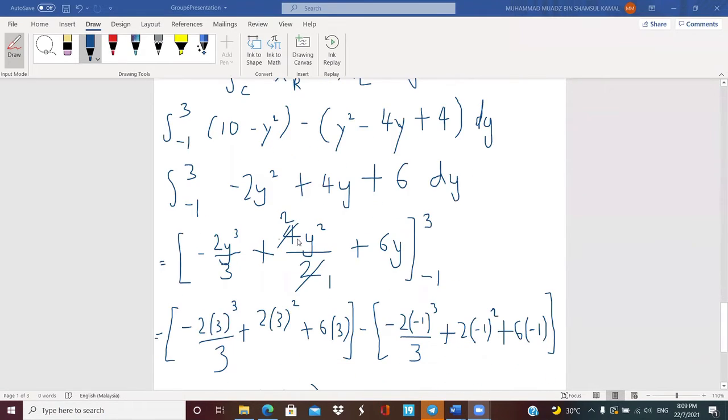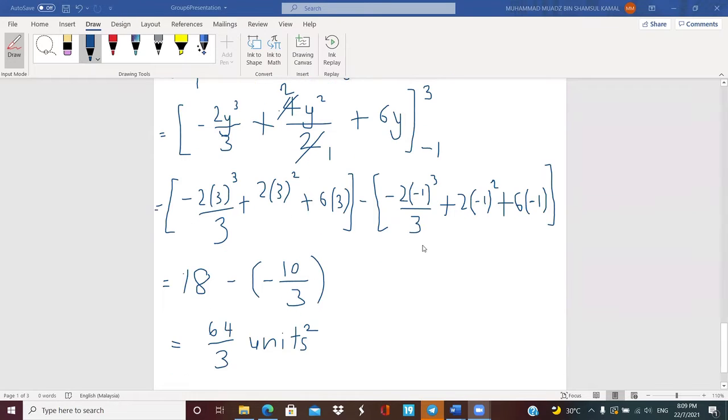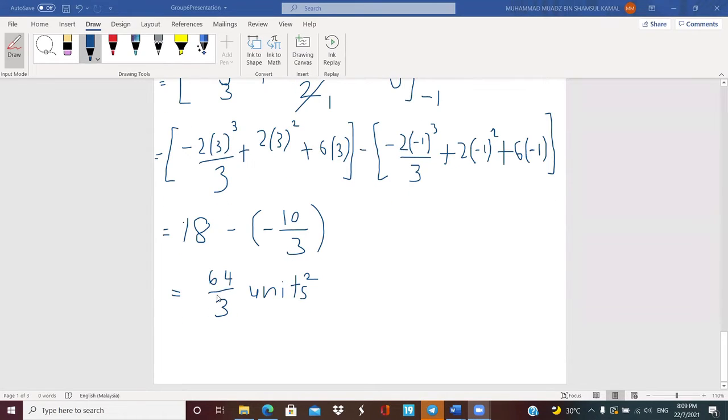And then we integrate it, and simplify what we can. For example, 4 will be 2 and 2 will be 1. And then substitute the upper boundary of 3 minus the lower boundary of -1. For the upper boundary we get 18 minus the lower boundary -10/3. And the answer is 64/3 units squared.